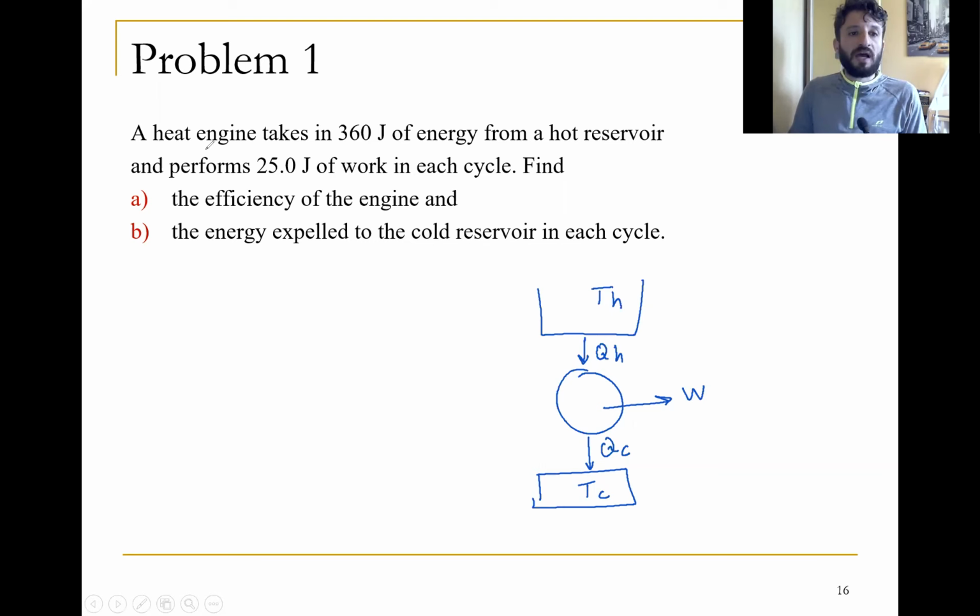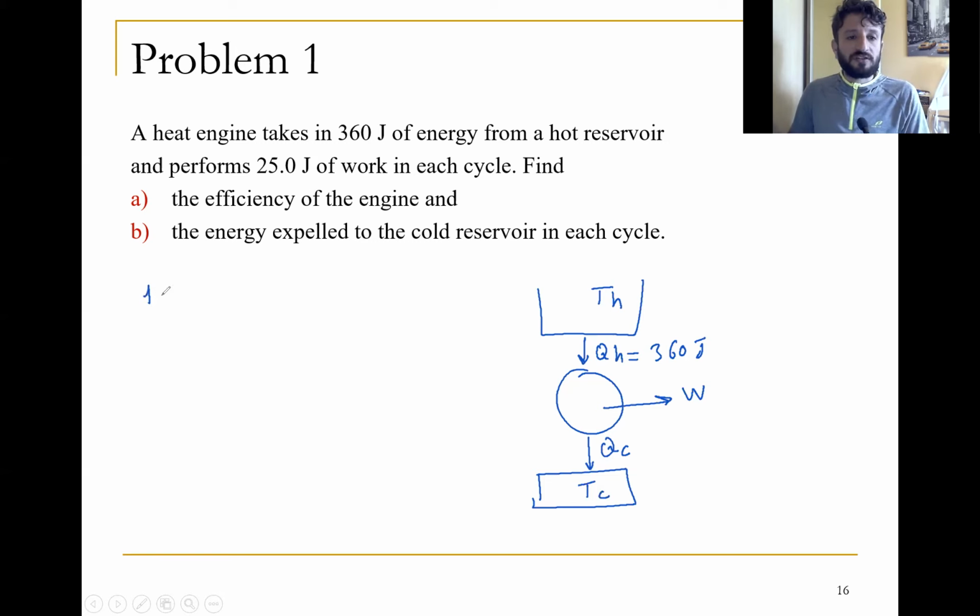First of all, we have a heat engine that takes in 360 joule of energy from a hot reservoir. So the quantity is Q hot equals 360 joule. And we have 25 joule of work in each cycle.